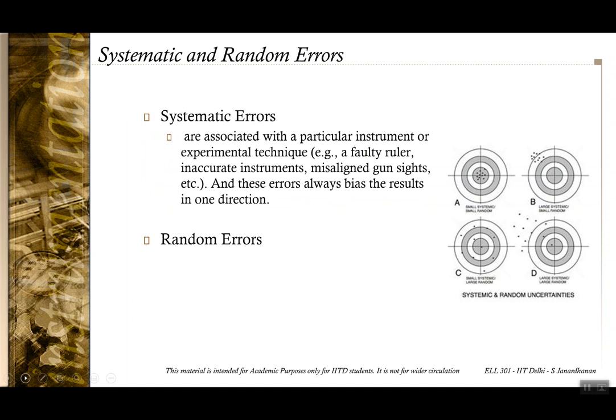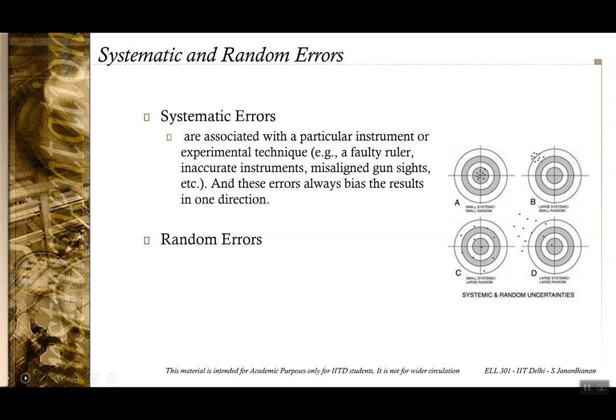So we had a brief talk about the systematic and random errors during the start of the course. So what are systematic errors? If we refresh, systematic errors are associated with any particular instrument or the experimental technique.